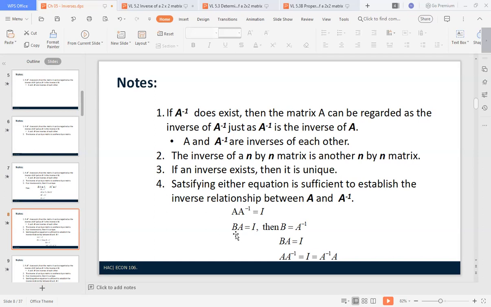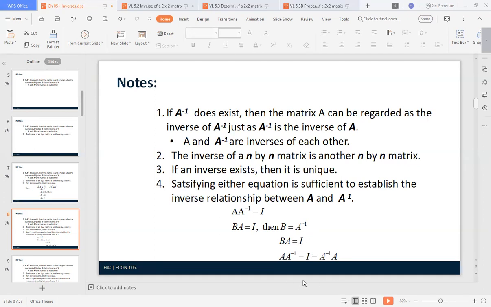The product of these two should be equal to I. So if we say that B is the inverse of A, then again, it should yield an identity matrix.